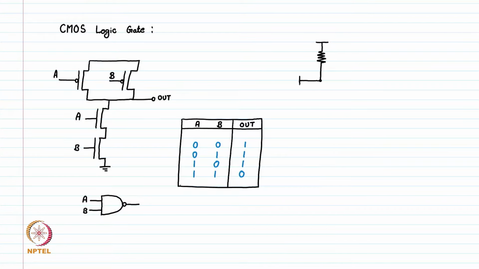Then we have a diode connected here, which is input A. We have another diode, this is input B. At this node we have a resistance connected, this goes to a BJT.